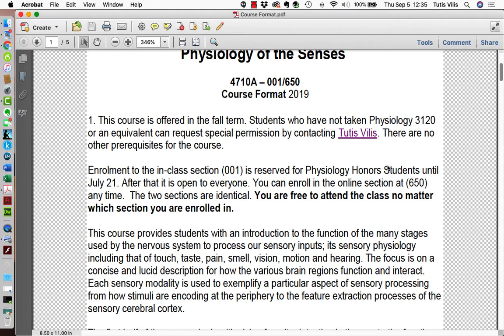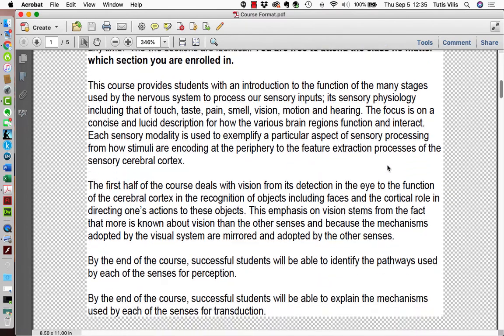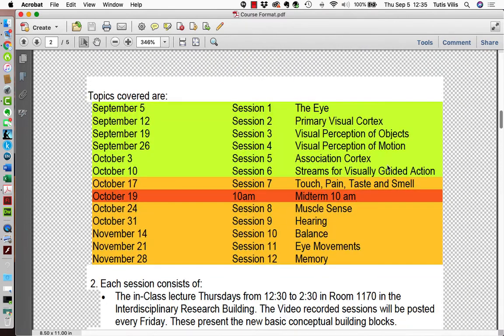Now, you can see down here the subjects that we'll cover. So each week we'll take on another subject. Today, for example, we'll take up the eye, and then we'll see where it sends its signal to in your cortex.